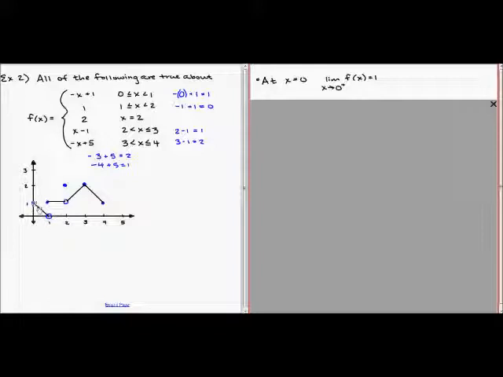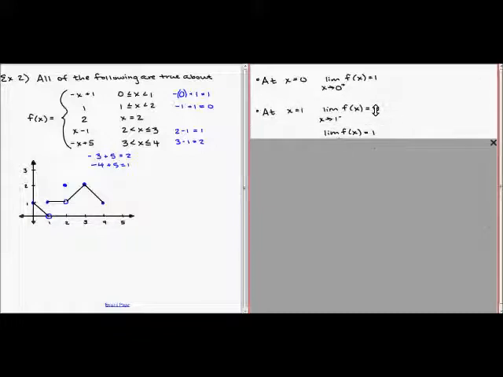But as you approach from the right, your y value becomes 1. Okay. At x equals 1, so that's right here, the left-hand limit, that's the minus, is 0. That's true. It looks like we get pretty close to 0 right there. The right-hand limit, that's the plus sign, is equal to 1. That's up here.